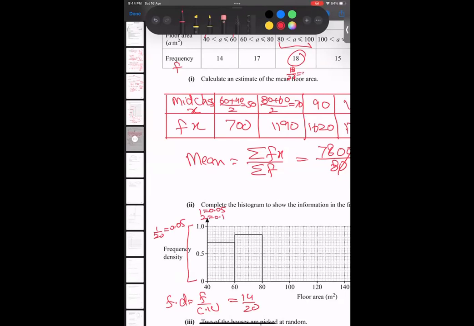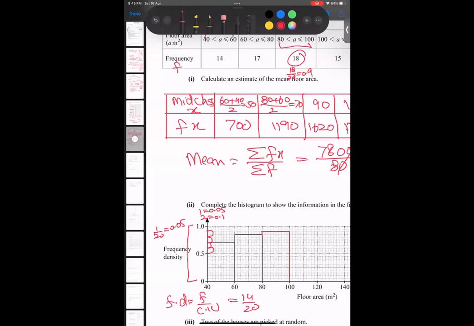Look here, 0.9. Where is 0.9? Because these two boxes have 0.5, here 0.6, 0.7, 0.8, and 0.9. So this is the diagram, we got it.